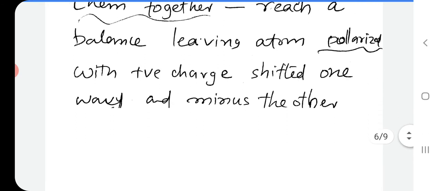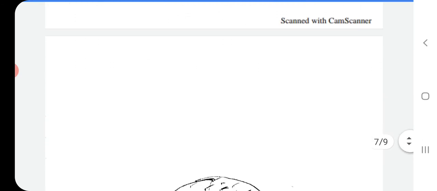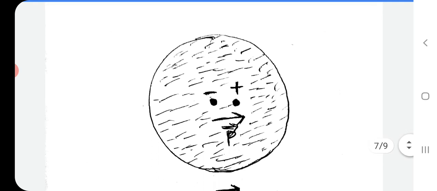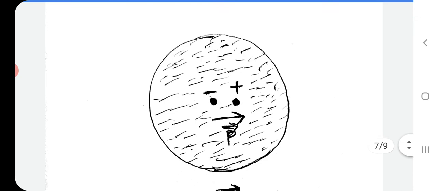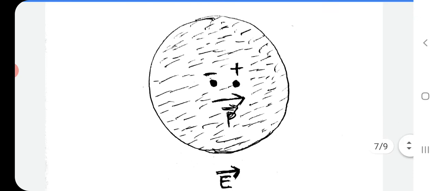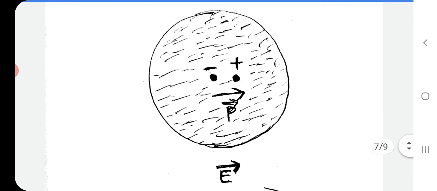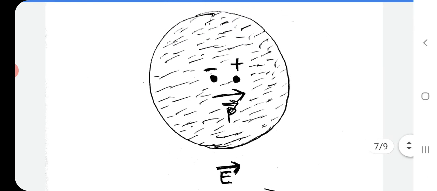In equilibrium, with the two opposing forces balancing each other, the electric field is applied from left to right, the positively charged nucleus is pushed in that direction, and the negatively charged electron cloud in the opposite direction.